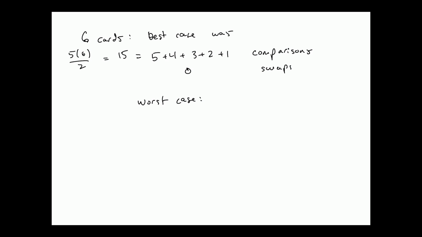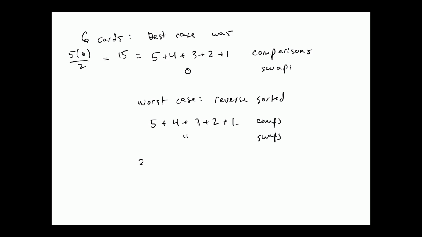The worst case scenario would be if we had to do a swap every single time we did a comparison. That would occur if the cards just so happened to be in what order? In reverse order, yeah. There we would have 5 plus 4 plus 3 plus 2 plus 1 comparisons and the exact same number of swaps.